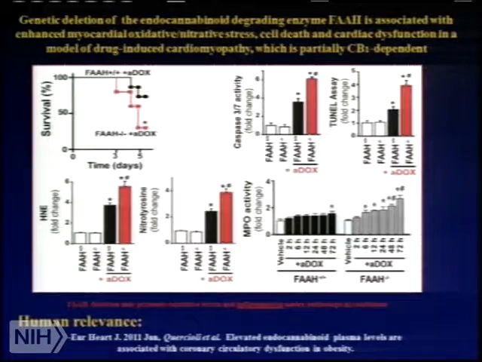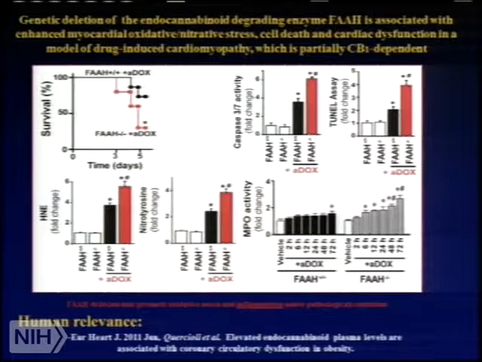And this is an example of the same in other tissues or organs, like this acute heart failure model. I will just show what happens if we inhibit one of these endocannabinoid-degrading enzymes, which was protective in acute liver injury.